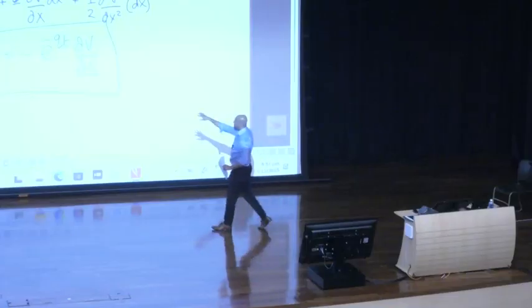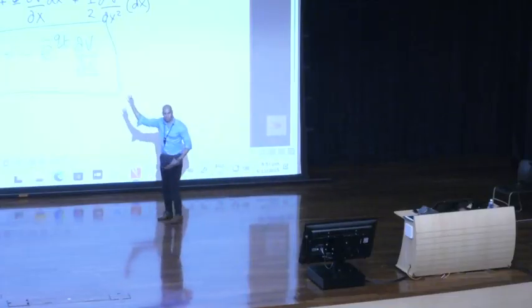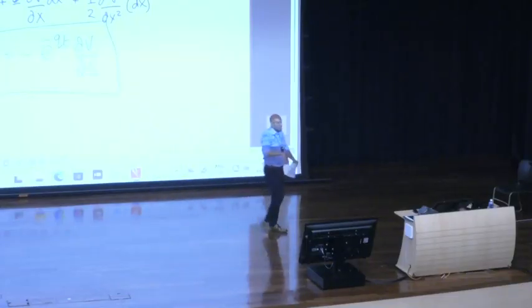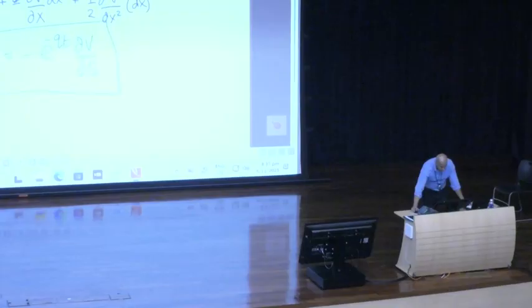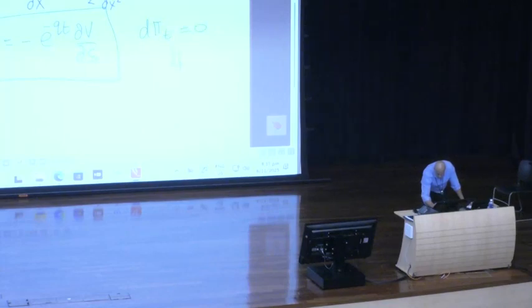Okay? But this choice in delta eliminates all the randomness. Okay? And the rest of it is just maths. You just write down the algebra. Okay? You write down d pi equals 0, and that will lead you to the PDE. Okay?